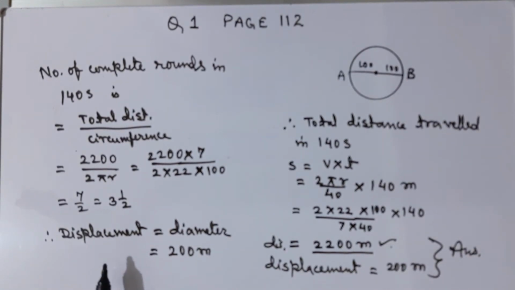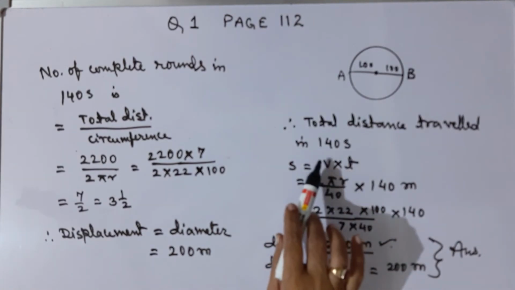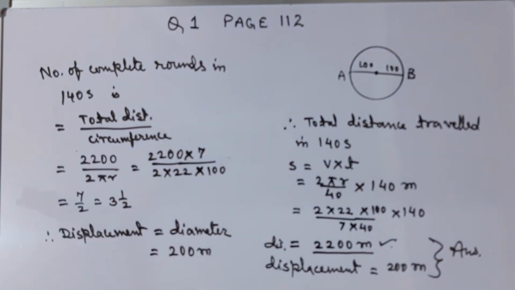This displacement can be found in another way. In order to find the total number of rounds completed by the athlete, we can also divide the time 140 seconds by 40 seconds, because you can see with the help of unitary method that if in 40 seconds the athlete completes 1 round, what will be the number of rounds completed in 140 seconds?